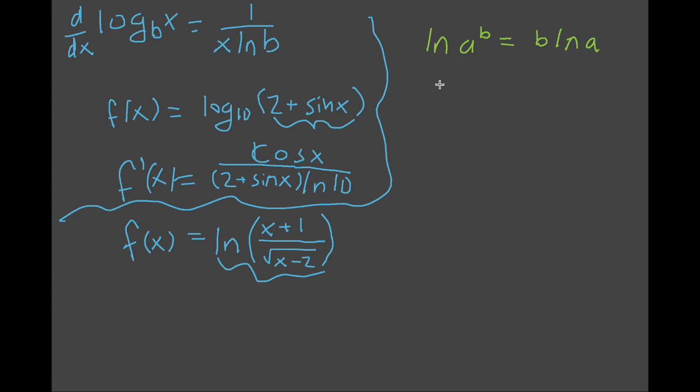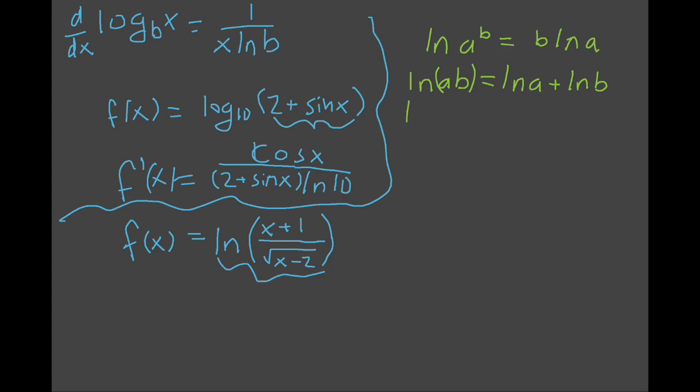So next, we have the natural log of a times b. Now, there's an additive property to this. We can actually separate any two terms multiplied by each other within a natural log to be the natural log of the first one plus the natural log of the second one.